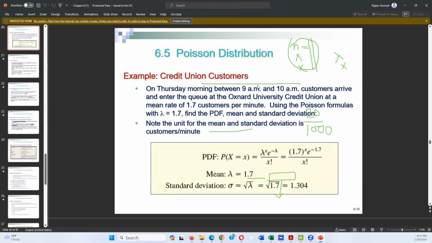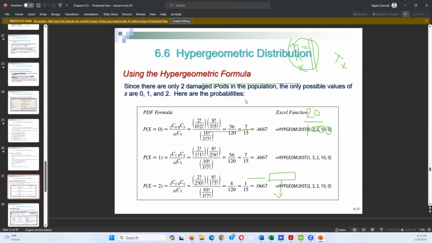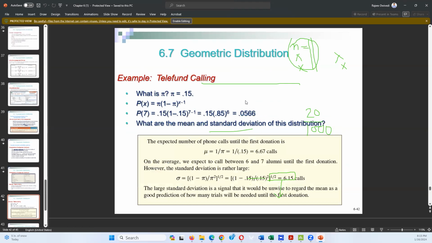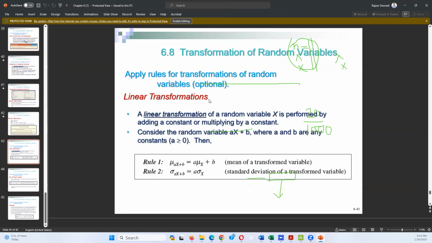Uniform I don't test, because uniform is simple and doesn't have much value; in practical life we don't get a really uniform distribution where everything is the same. But it's important to know, like you asked, so I explained here. These are the 4 important distributions related to chapter 6.